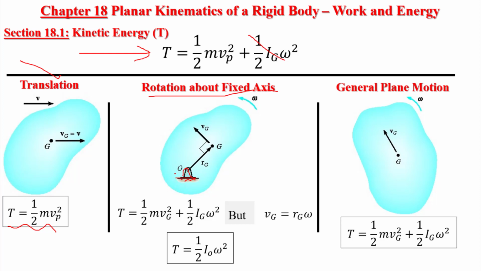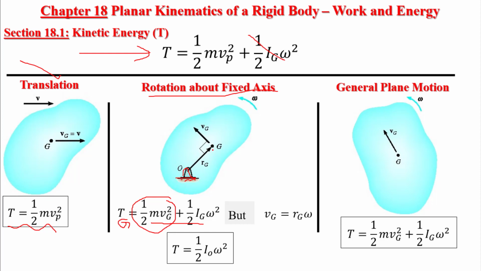So if I take the kinetic energy about G, the equation will look like this. This term will not vanish. Why? Because the centroid has velocity.